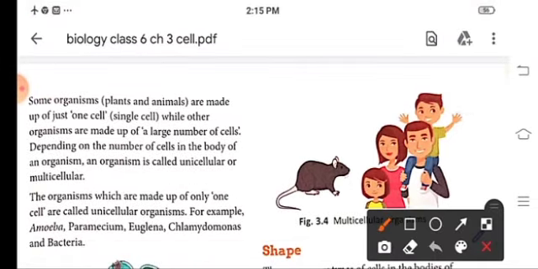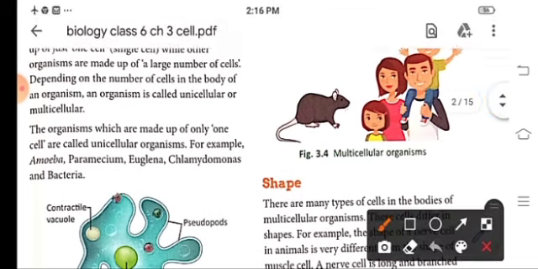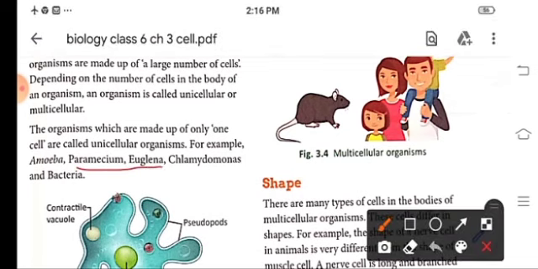Like I told you, children, some organisms are made up of one cell, so they are unicellular, and if they are made up of many cells, that means they are multicellular. One-cell organisms are known as unicellular, for example, amoeba, paramecium, euglena, chlamydomonas and bacteria.